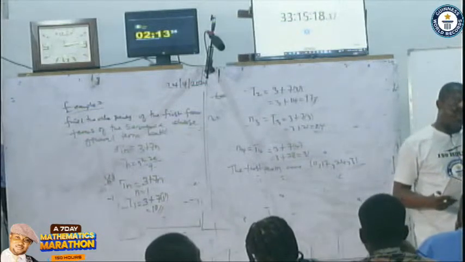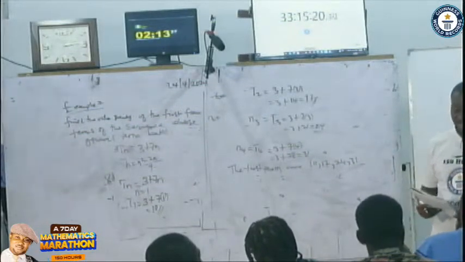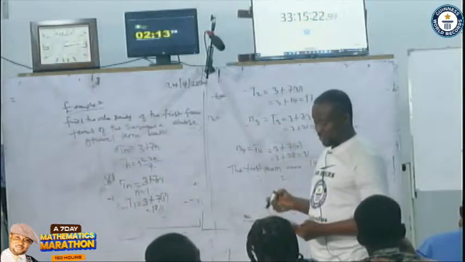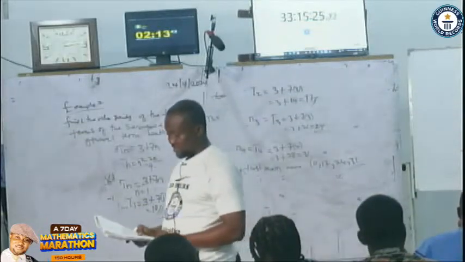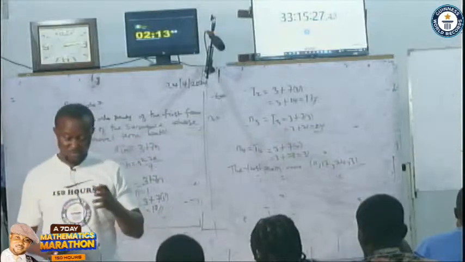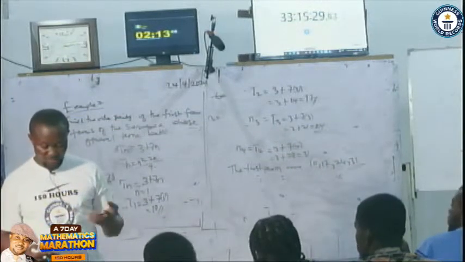So if you give the question and say, find the series of the first 6 terms, what you do is just fix values there. Wherever I see n, you put the corresponding value there, and you have your series.